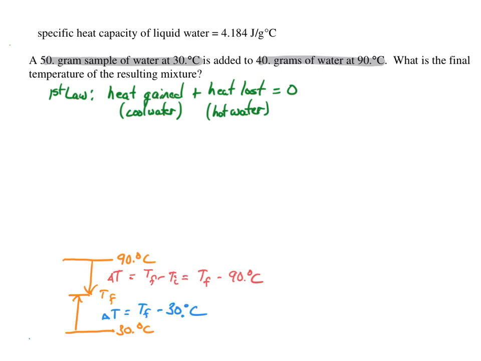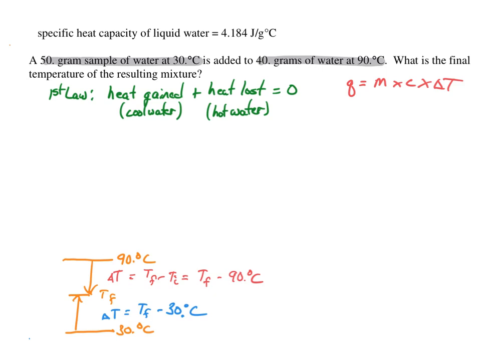For each of these situations, we know that heat is going to be equal to the mass times the specific heat capacity times delta T. The difference between these two situations is a difference in mass and a difference in delta T. We can use the specific heat capacity of water either in terms of joules or calories. It doesn't matter. I'm going to choose calories because the numbers are nicer.